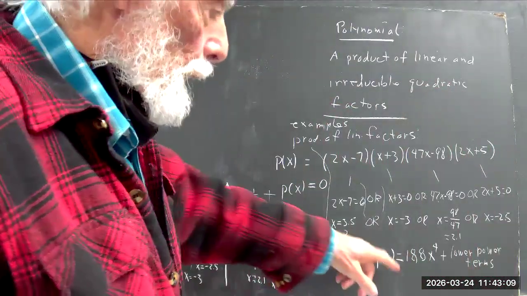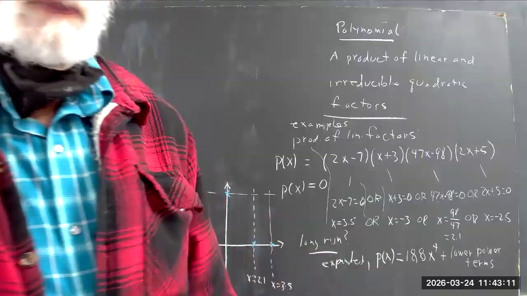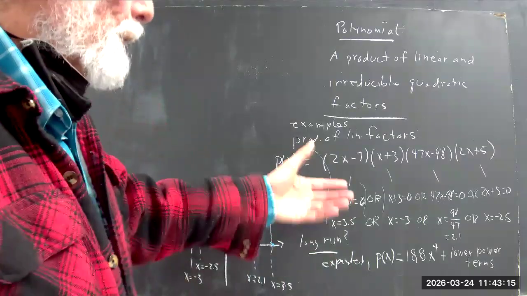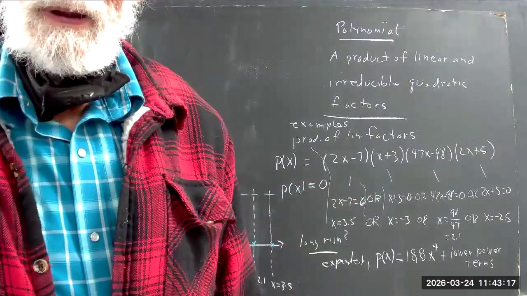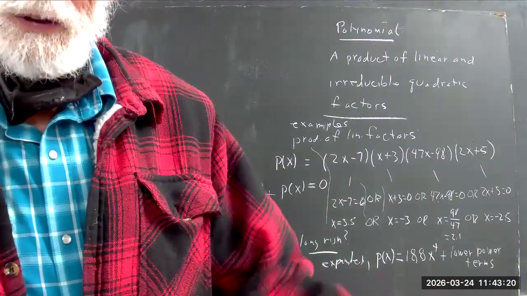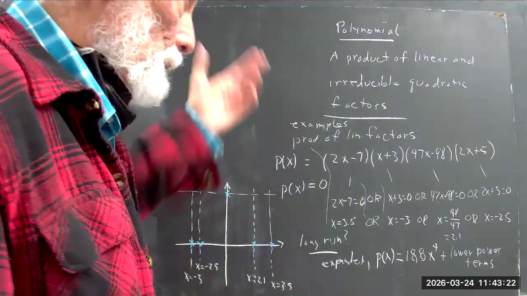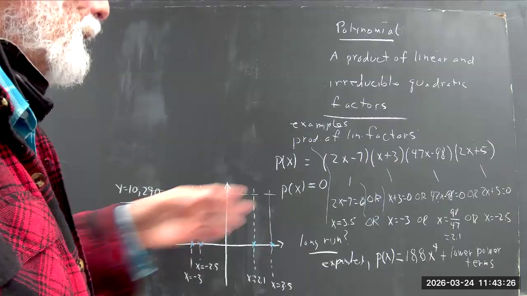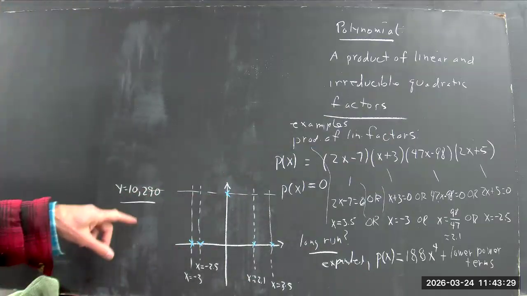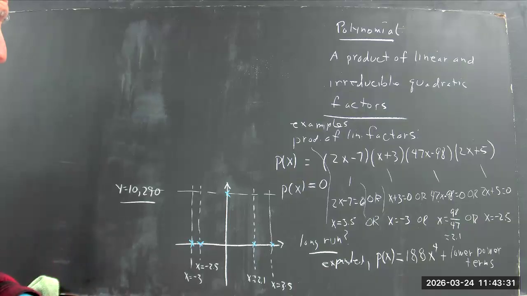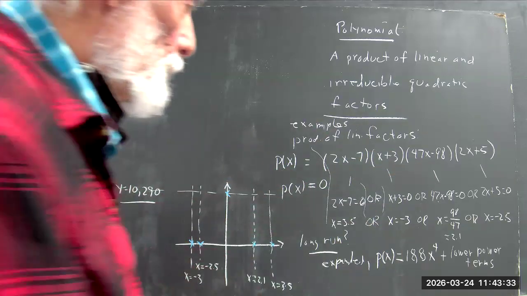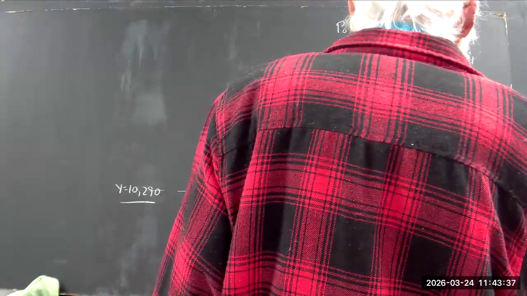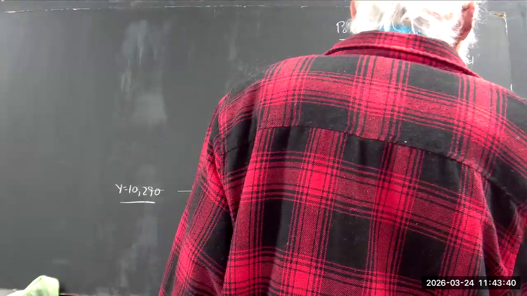We get 188x to the fourth plus lower power terms. We get some x cubes, and we get some x squareds, we get some x's, and we get some numbers. And of course, the numbers we get on the end would multiply out to 10,280. So that'd be the last number. So I could even put that here, 10,200, I said 280, but it's 290.